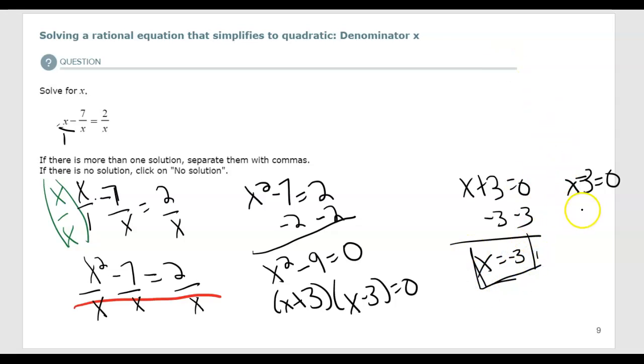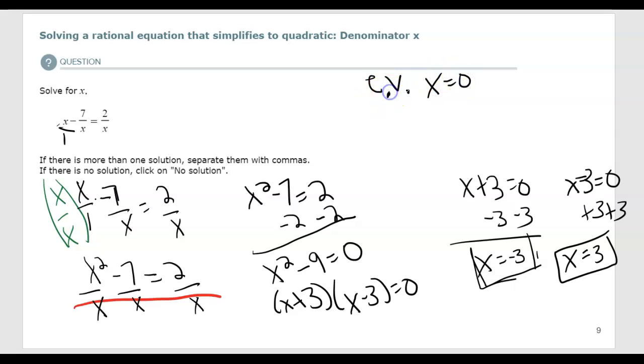So x equals plus or minus 3. I still need to do my excluded value. That would just be when x equals 0. So remember, EV just means my excluded value. My excluded value does not contradict what I have down here.